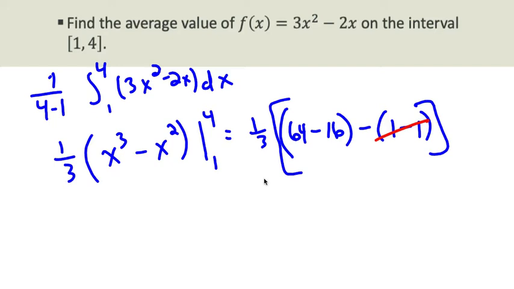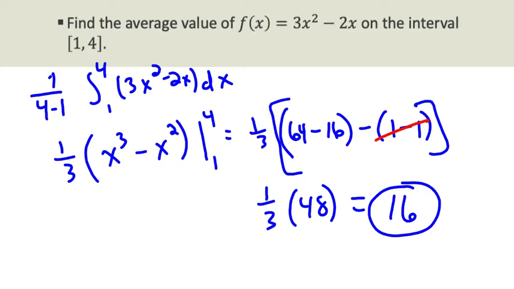So I got 1/3 times 48. Then 48 divided by 3, or 1/3 times 48, however you look at that, we're going to end up with 16. Okay, so we're ending up with the average value of 16 on that interval from 1 to 4.